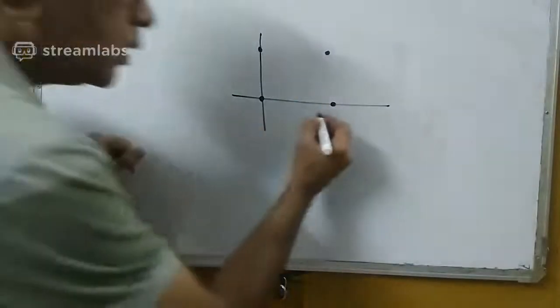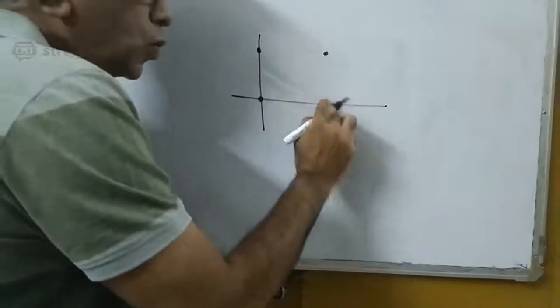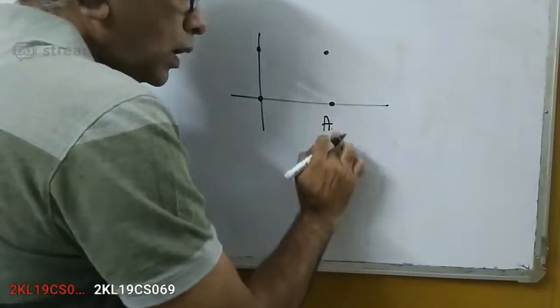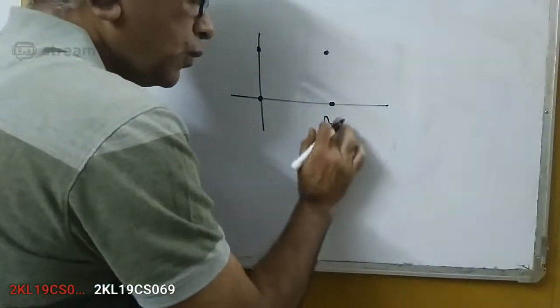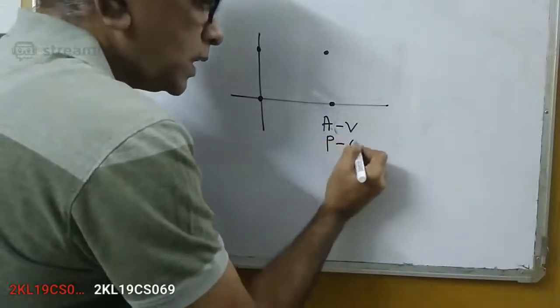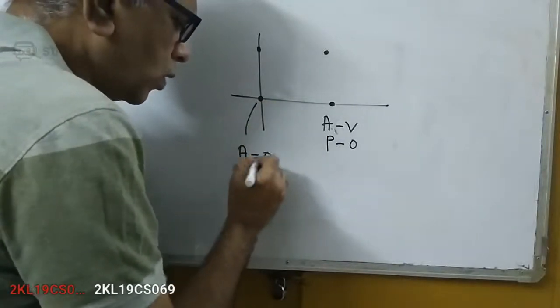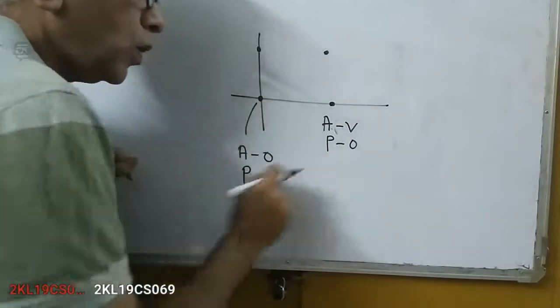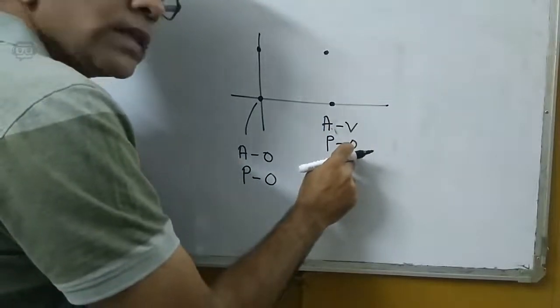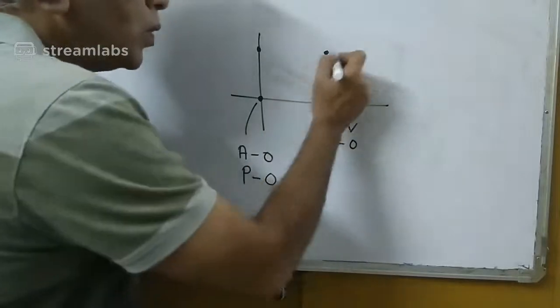Now see, this is representing a signal whose amplitude is V and phase angle is 0. This point is representing amplitude 0, phase angle 0.